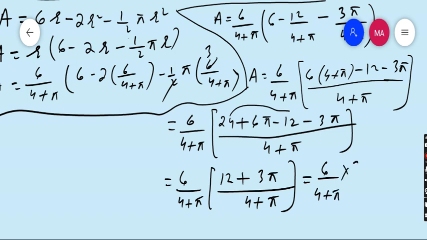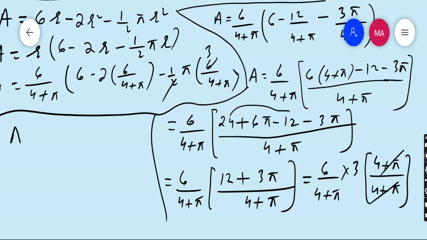Taking 3 common, it is 4 plus pi upon 4 plus pi. 4 plus pi, 4 plus pi cancel. The final answer is a is equal to 6 3s are 18 upon 4 plus pi. This is the answer for the value of a.